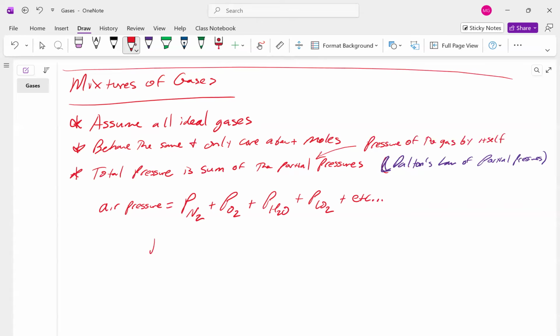And so the total pressure of a gas is equal to the sum of the partial pressures of each component, however many there are. If there's only two, then we only add two numbers. If there's 10, we add all 10 numbers together.